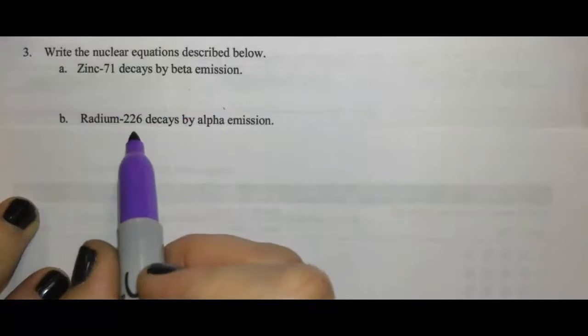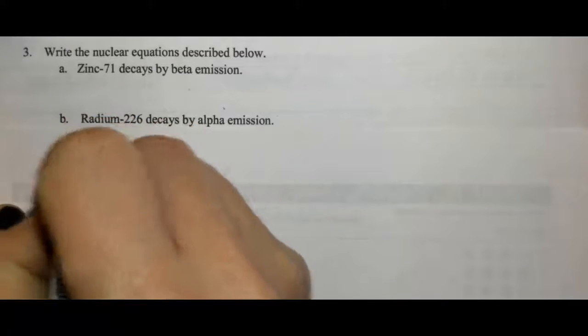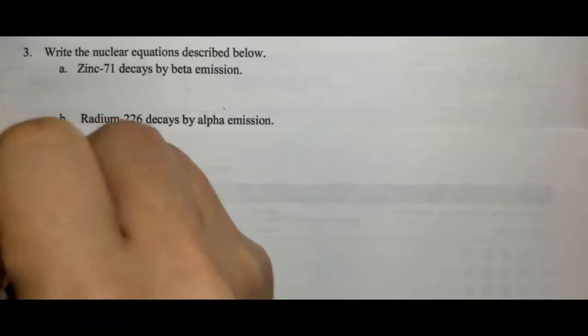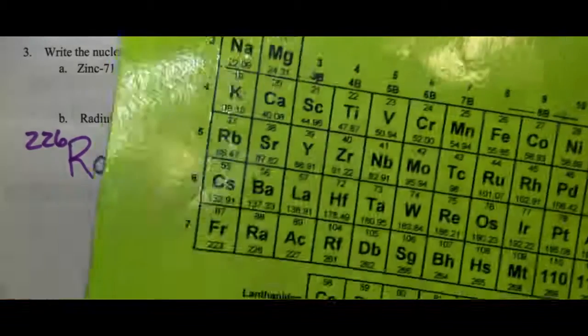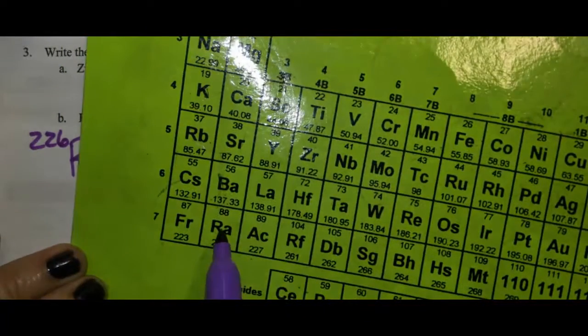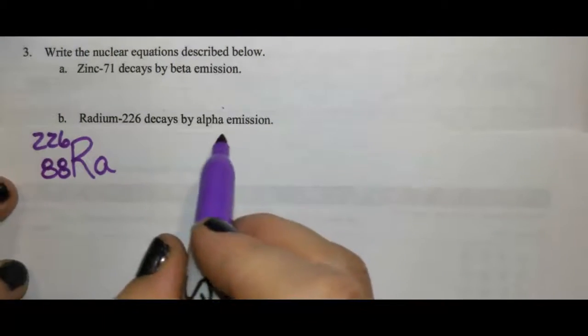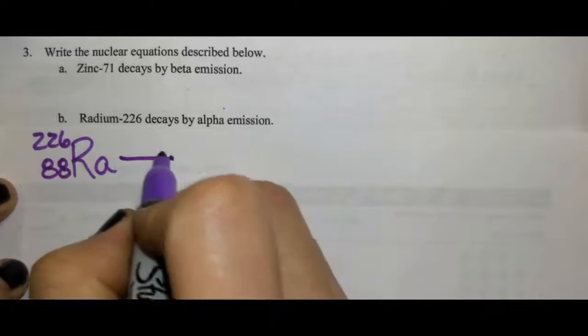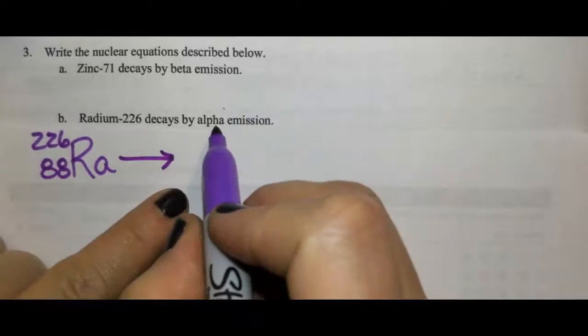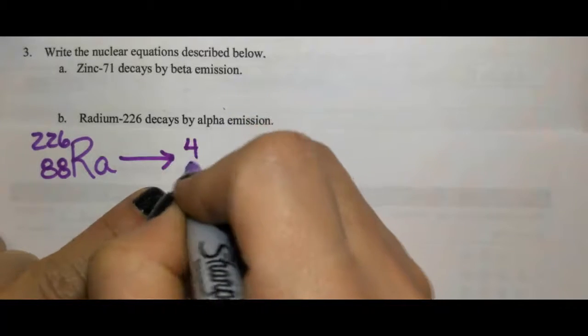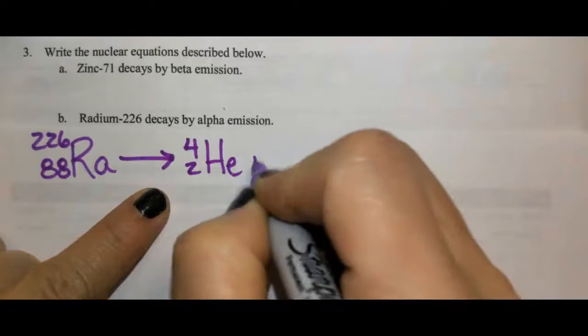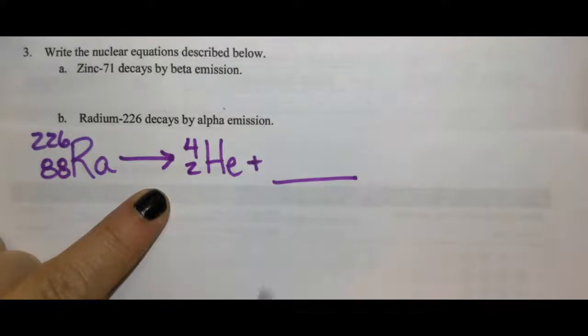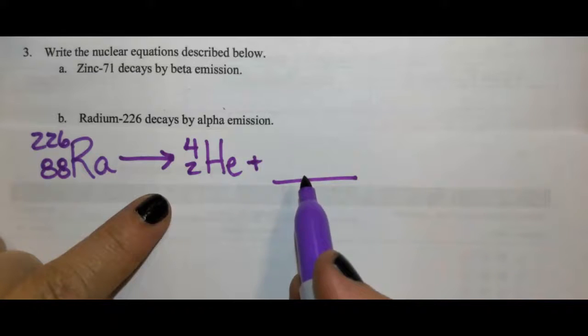Now we're going to write the symbol for radium-226. We're going to put Ra. The mass number is 226, and we look up the atomic number on the periodic table. It is 88. This is going to be an alpha emission, so we're going to draw an arrow, and then we're going to write an alpha particle, which is a 4 over 2 helium, plus, and then we have to figure out mathematically what isotope remains.